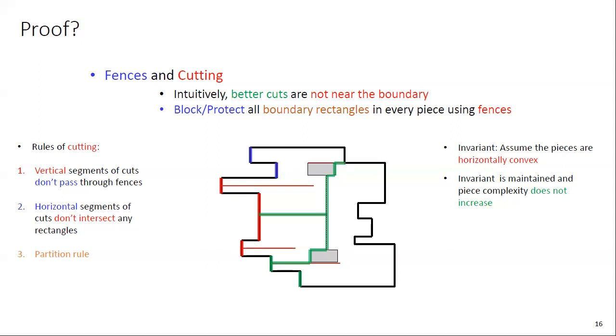You can cut from anywhere, and it will maintain the complexity of the piece. So all you keep as an invariant besides the 26 is that it's horizontally convex. That's it for the invariant. I can come up with any shape I like, and you will process it. Yes. Okay. It must be connected.